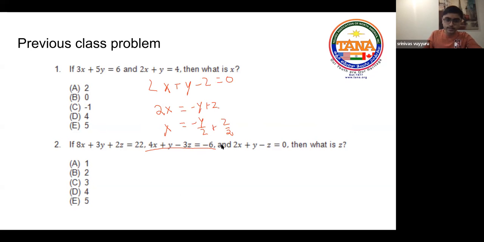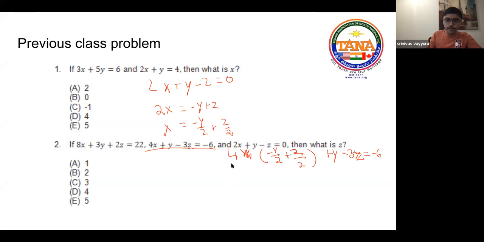You get 4 times negative y over 2 plus 2z over 2, plus y minus 3z equals negative 6.